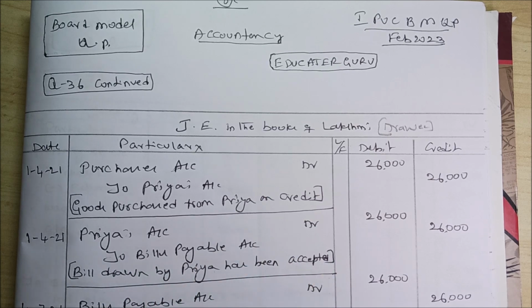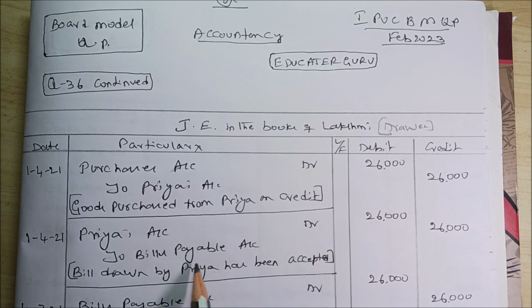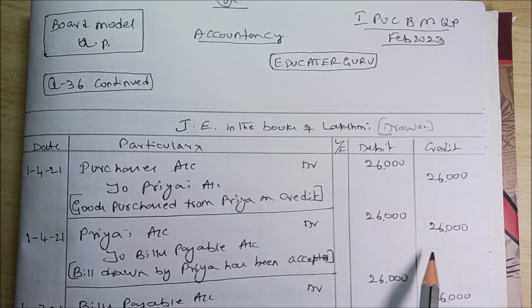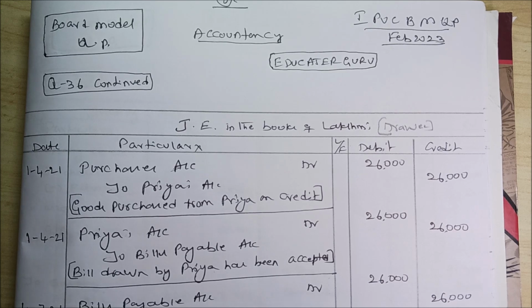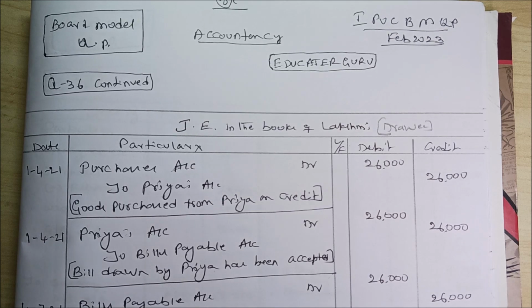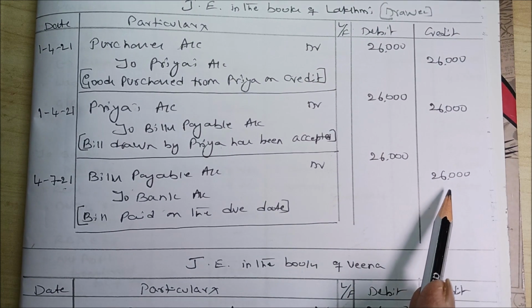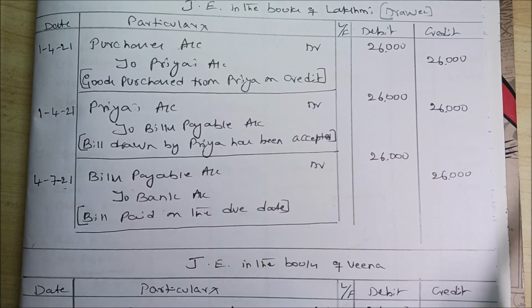That means the bill drawn by Priya has been accepted by Lakshmi. So, Priya's account debtor to bills payable account. On the due date, Lakshmi has paid the bill. The bill is with somebody, you need not worry. Whoever shows the bill, you have to pay the amount. 4/7/21, that is on the due date, bills payable account debtor to bank account, that is 26,000. So, in the books of Lakshmi it is over.